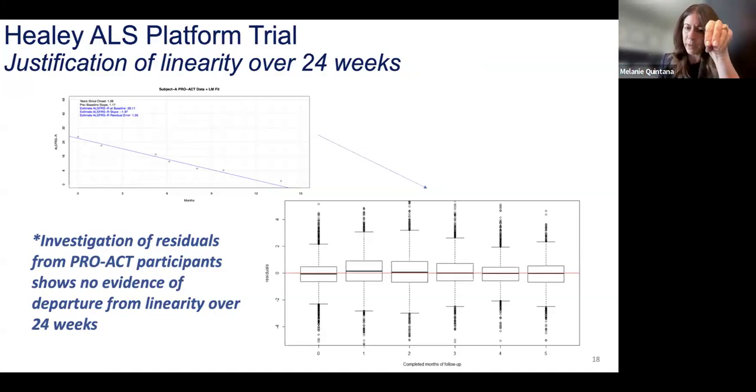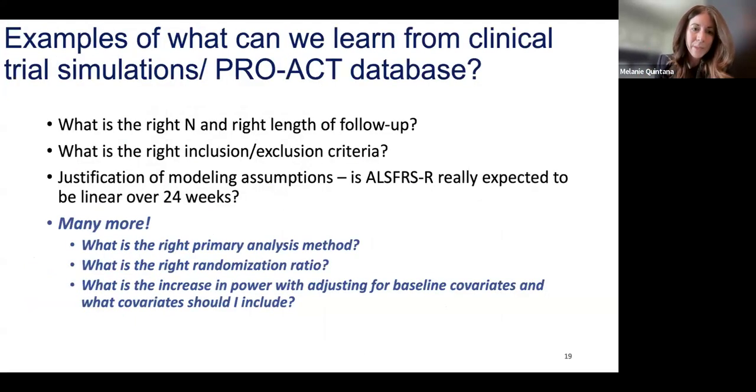So we wouldn't see smaller variability at 0 and then a larger variability later on. And so we did this analysis, and you could do this in PROACT to justify your assumptions. And the PROACT database really provided nice evidence that there was no real evidence of departure from linearity, at least within this population over 24 weeks.